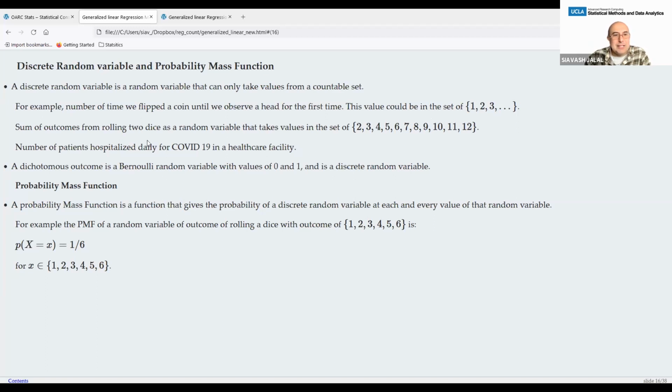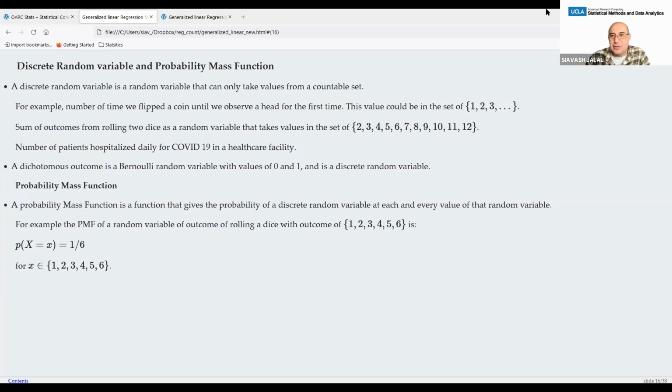Or, for example, the sum of the outcome from rolling 2 dice can be 2, 3, 4, up to 12, right? Or the number of patients a hospital admitted based on their COVID, or they get hospitalized based on COVID.